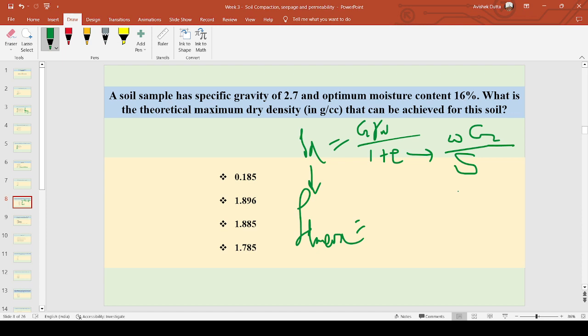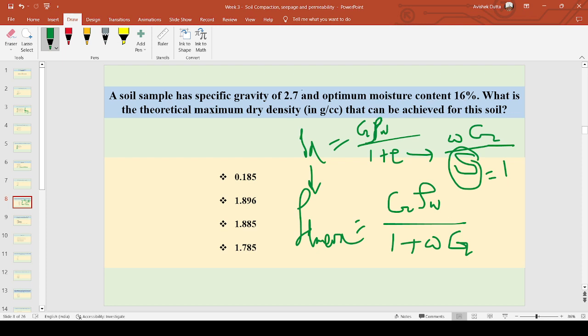In other words, the soil is completely saturated. For that, S should be equal to 1. So, it will be, I'm sorry, it will be rho. Because I am using rho d, I should use rho w. G rho w by 1 plus wG by S. I'll write only w and G. S is equal to 1.